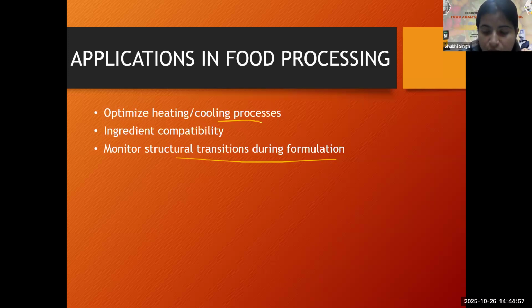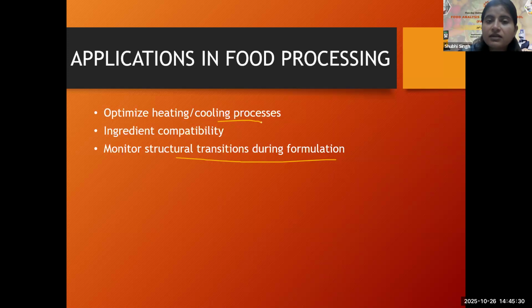Suppose you are making a peanut butter, or you have incorporated some essential oils, or you have added polyphenols into the peanut butter to prevent its rancidity, and you want to check at which temperature your peanut butter will lose its properties and its structural integrity.